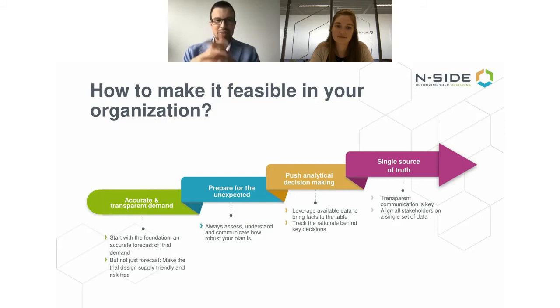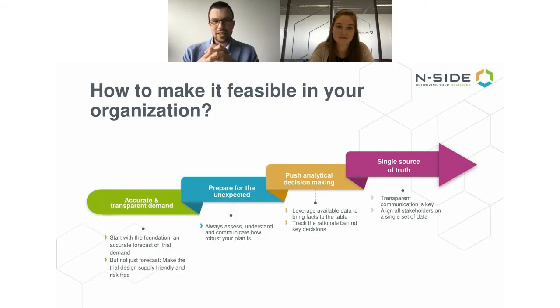So understanding the rationale behind a decision, why did we take such and such of a decision, is definitely very, very valuable when someone comes back and says, why did you use only 60% of that lot that you manufactured 2 years ago? It can be a pretty tricky answer to give. And so definitely encourage you guys to do that as well. It can save you a lot of time digging through emails further down the line.